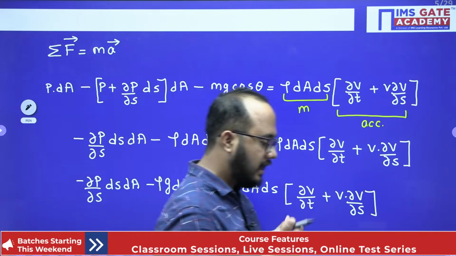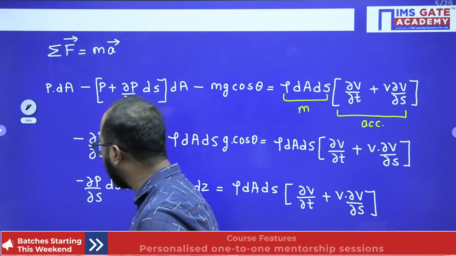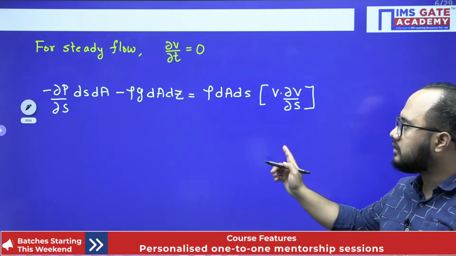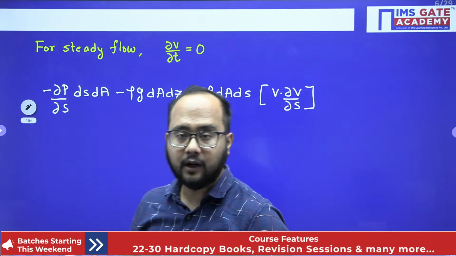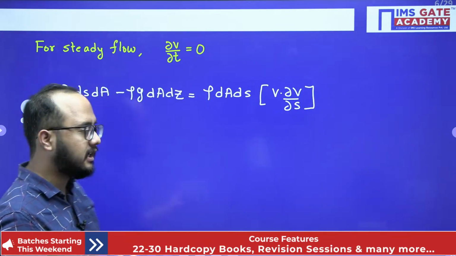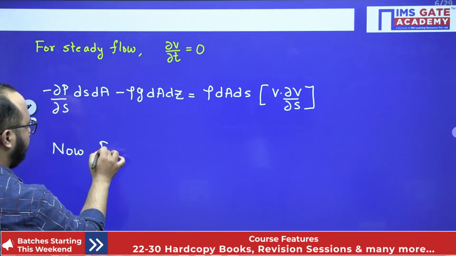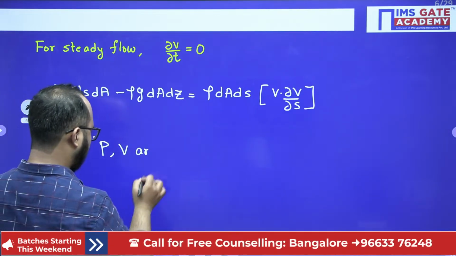Clear? Now, if you focus on the last equation that we got, pressure and velocity are functions of s, that is space, because we have assumed steady conditions.